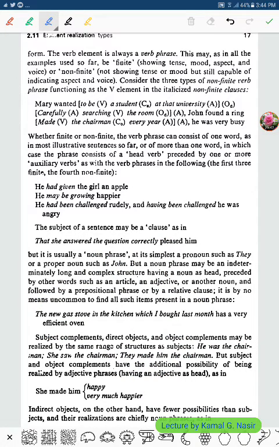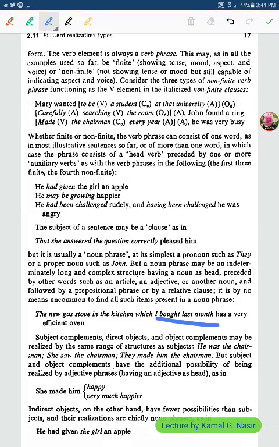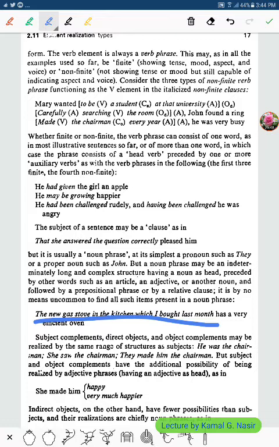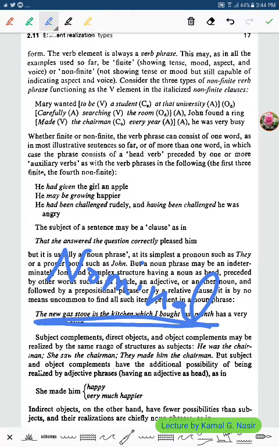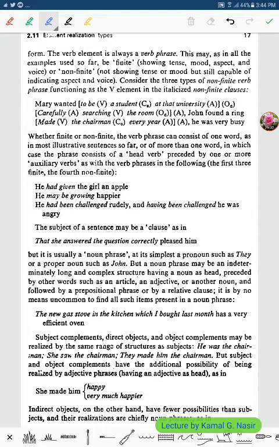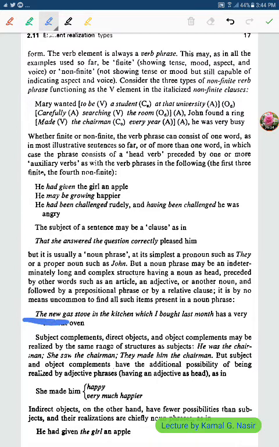Okay? Is this sentence finite or non-finite? Or if you call it a clause, first it is a nominal clause. You are going to see what is the nominal and what is the verb clause. It is nominal because it is started with a noun. Okay?